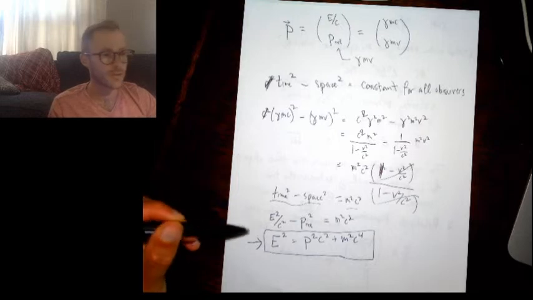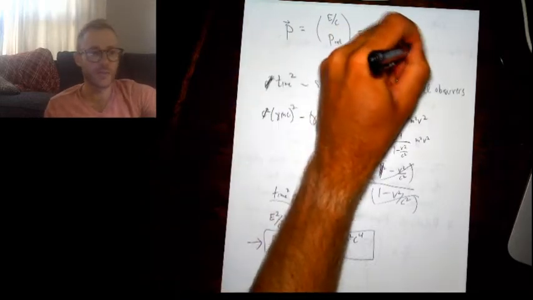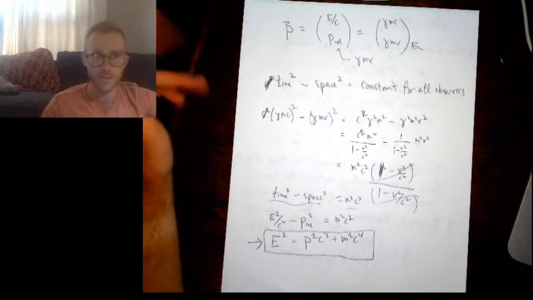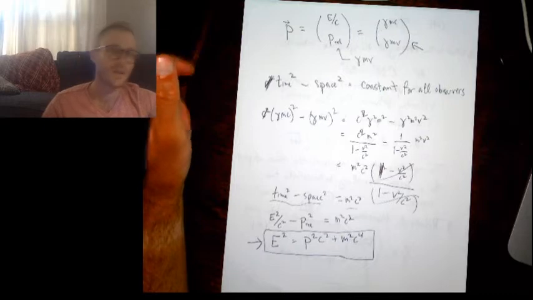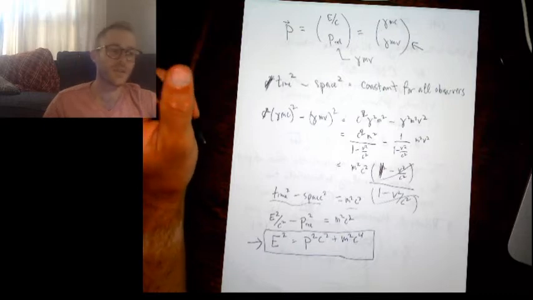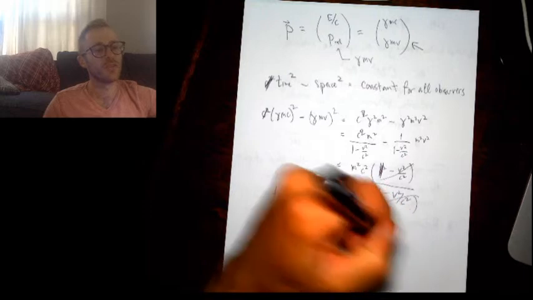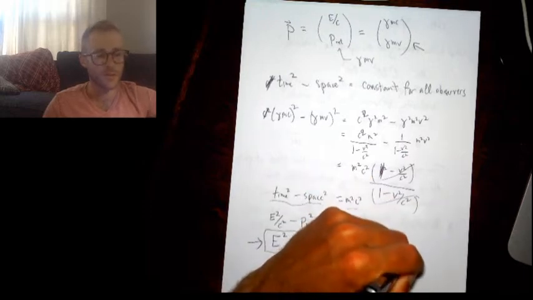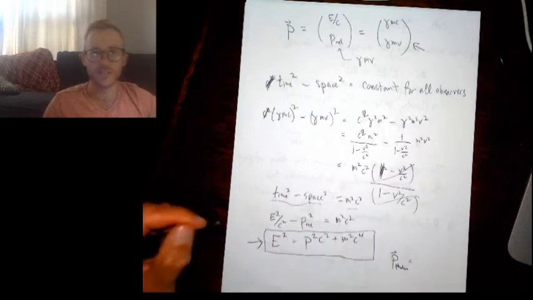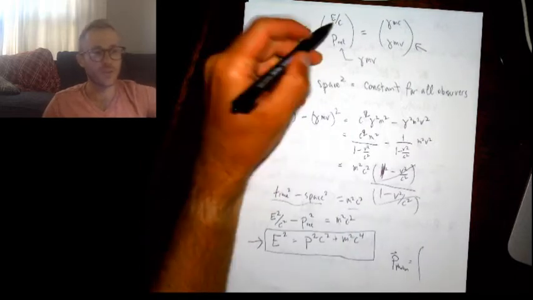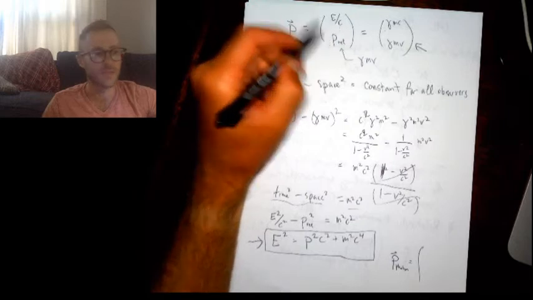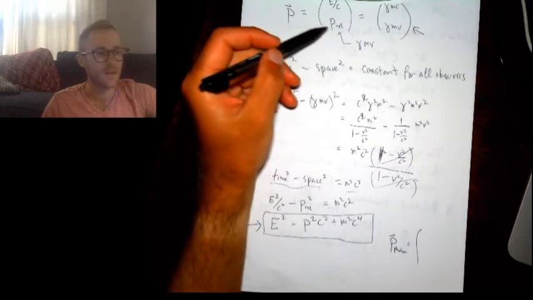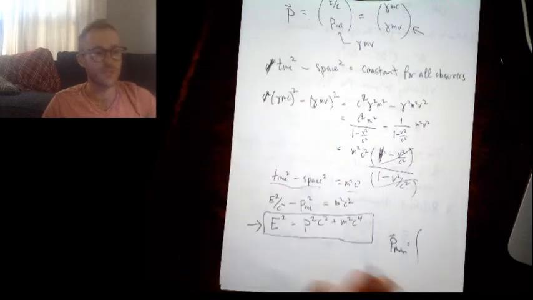The other thing I wanted to talk about is that this is the formula for momentum if you have a massive particle. But what if you have something like a photon? The momentum of a photon, which is a particle of light, is going to be: the energy of the photon divided by c is the time component, and the momentum of the photon is the space component.